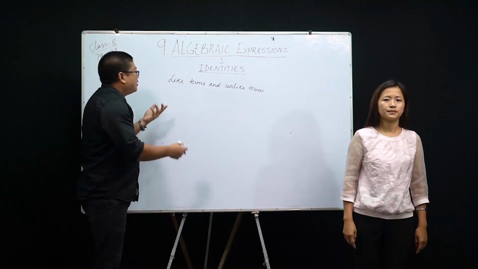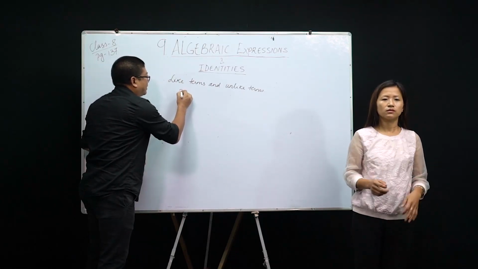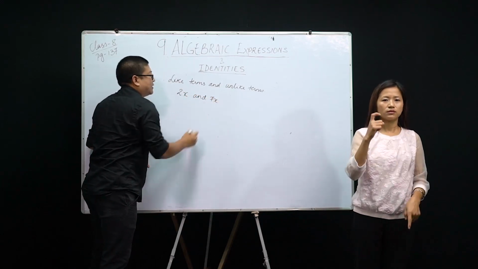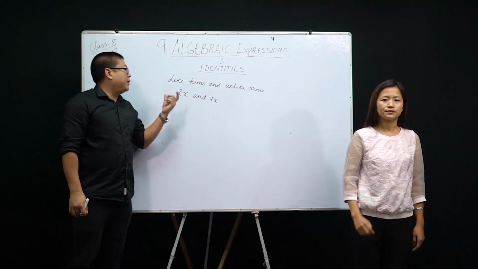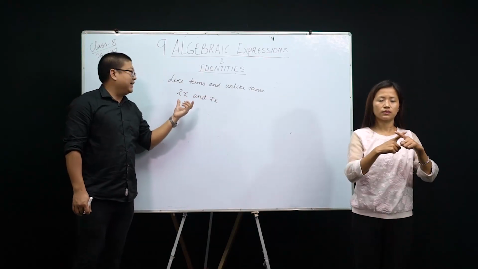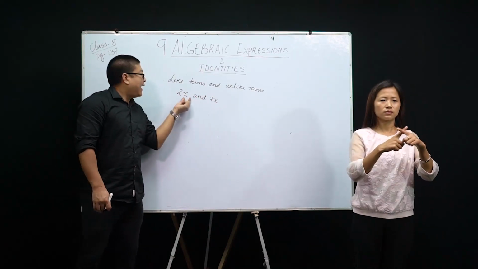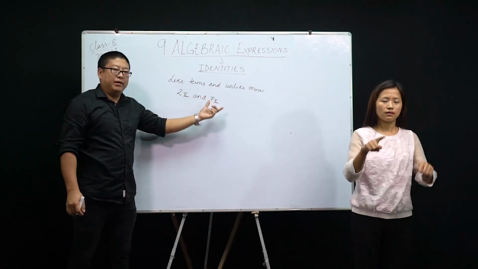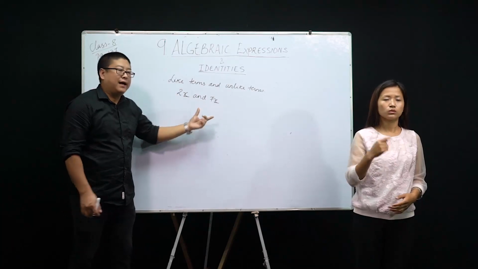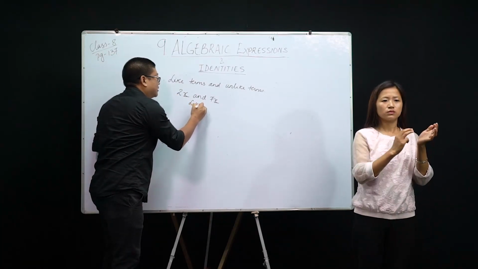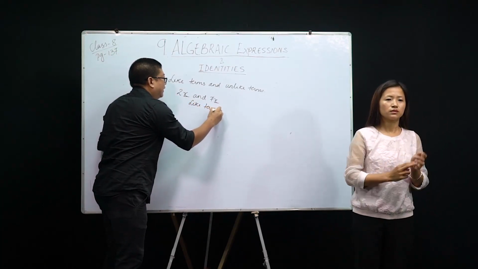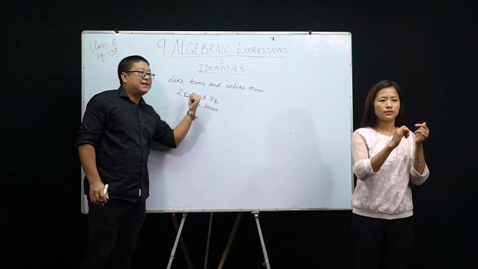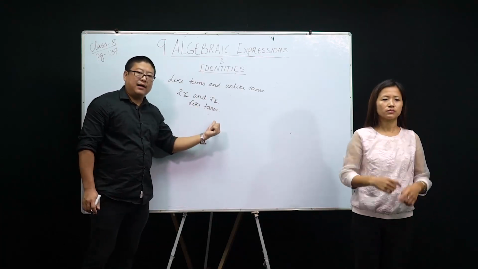In simple words, for example, let's talk about 2x and 7x. In these two terms, we can see that x is common. So they can be called like terms. 2x and 7x, since they have x as common, both of them are like terms.